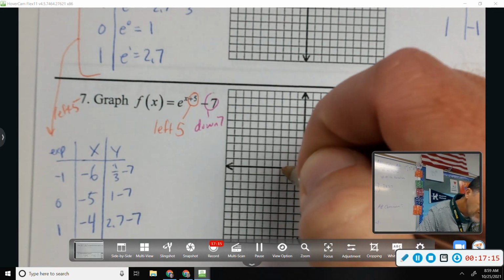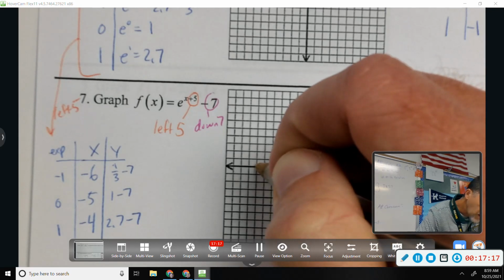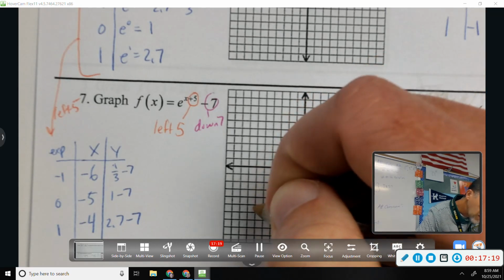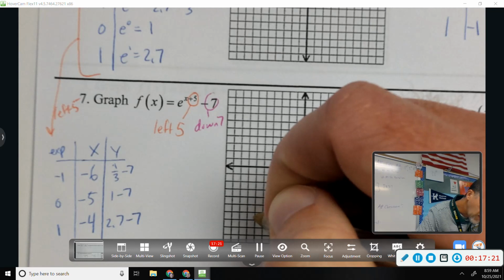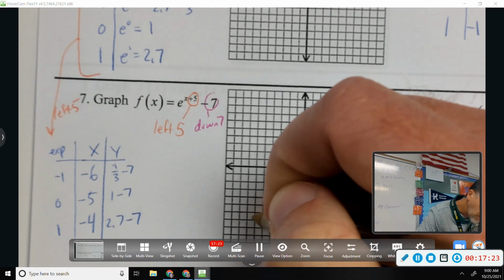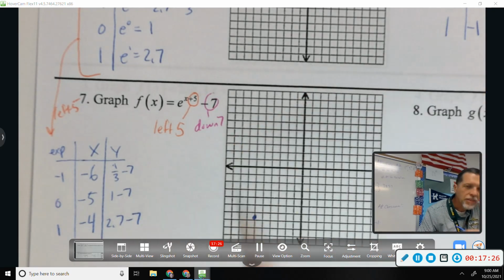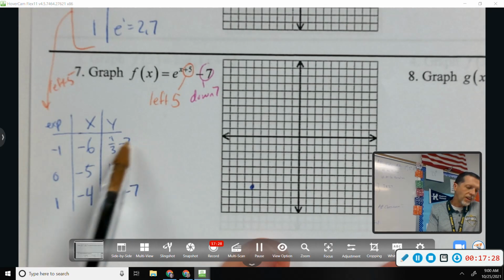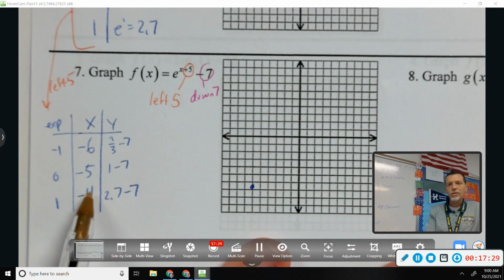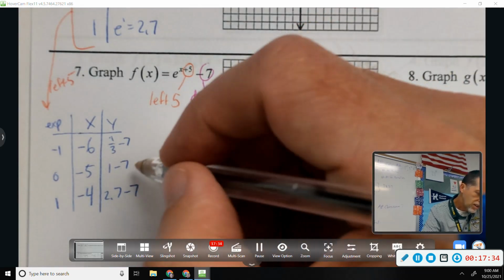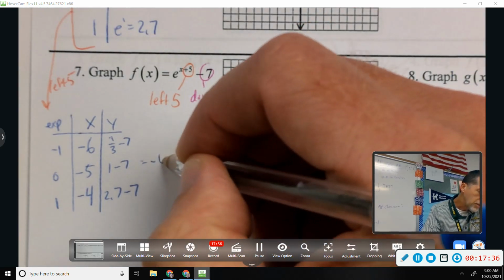So -6, comma, -7, but then up 1/3. I'm not even doing the fraction work. I'm just going to go down 7 and then up 1/3, sort of doing the math on the graph. Now, when the math's easy, I'll do the math.